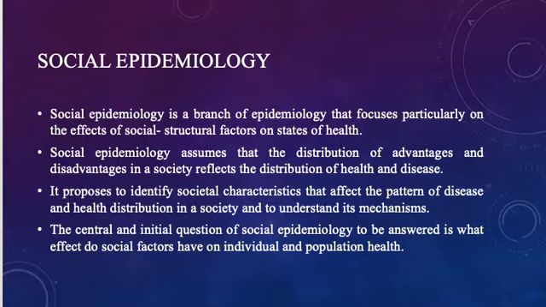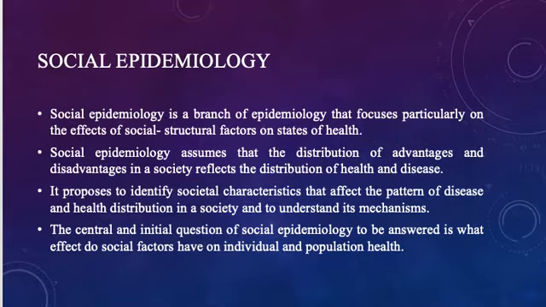So, social epidemiology is a branch of epidemiology, and it studies the effects of social structural factors on the health of a particular population or a particular society. It also discusses the advantages and disadvantages existing in a society, which reflect the distribution of health and disease.